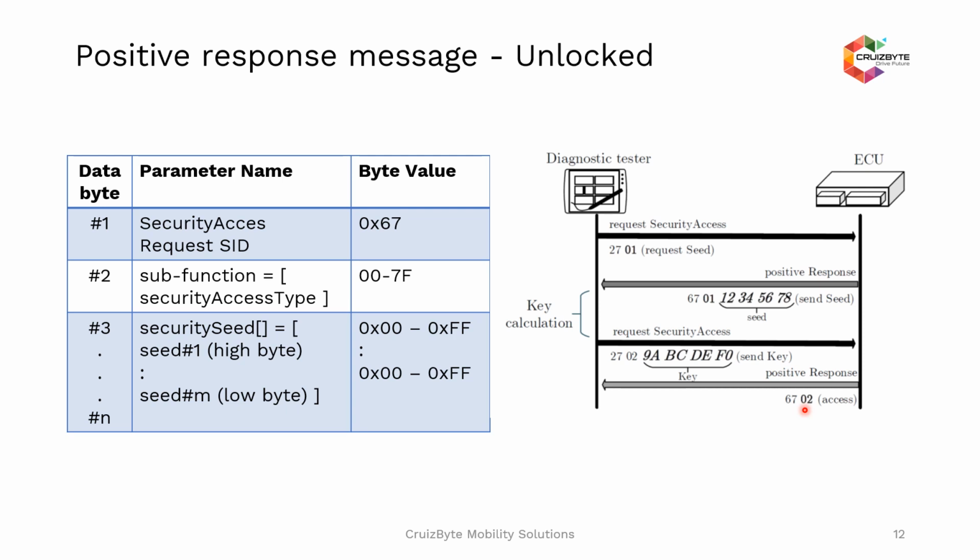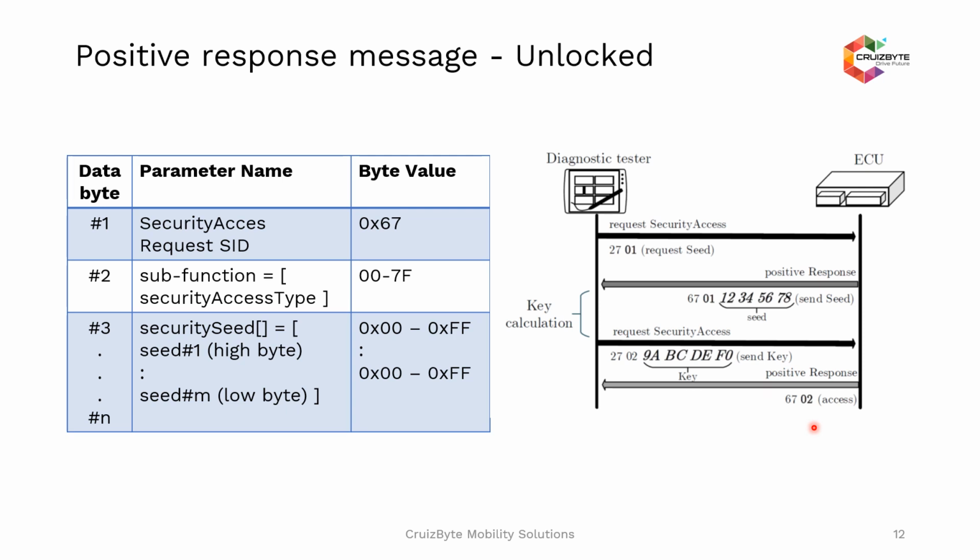To remind you, the first step is a request for security access with a security access type, here request seed. Once the request seed is sent to the ECU, the ECU sends back a positive response with the seed to the tester.